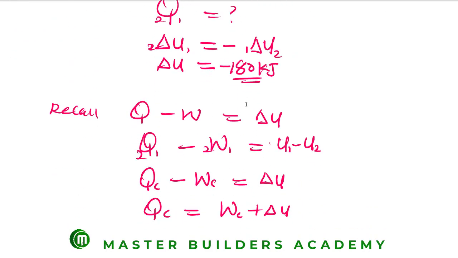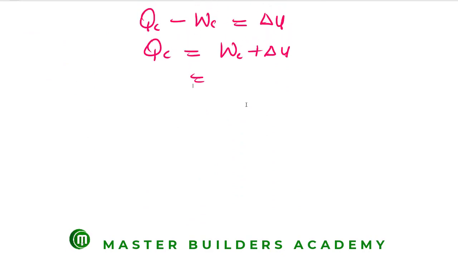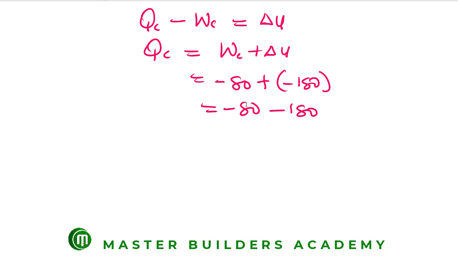Can you see it? Negative 80. So we just put the value there because it was work done on the system. So I have minus 80 plus the value for this other one, which is minus 180, as you can see. So this is minus 80 minus 180, and minus 80 minus 180 will give us minus 260 kilojoule.